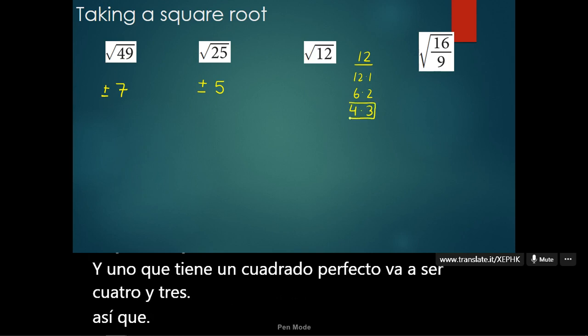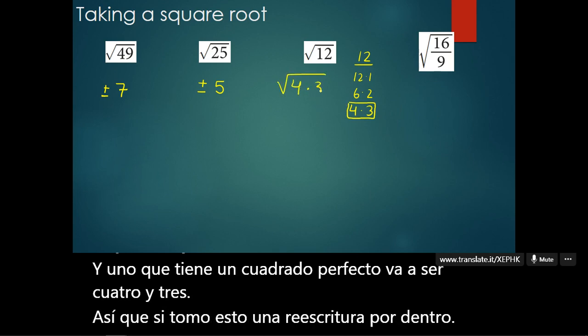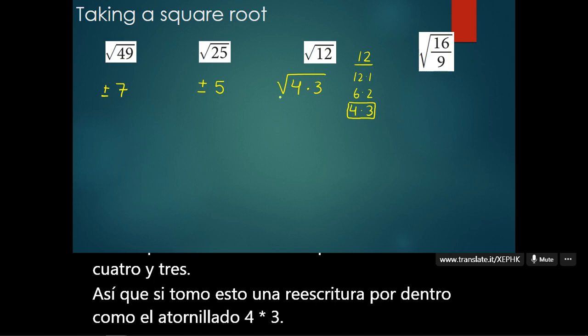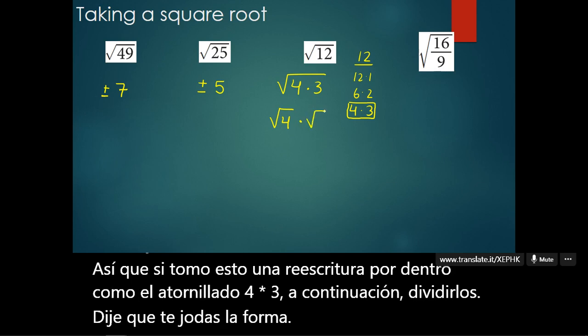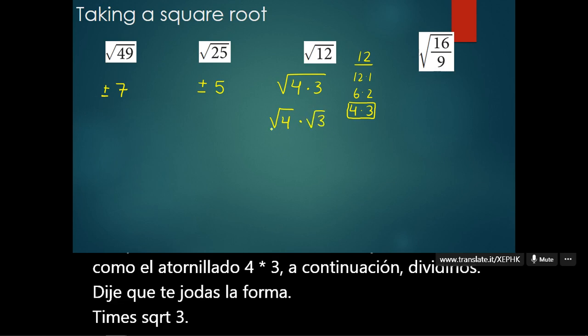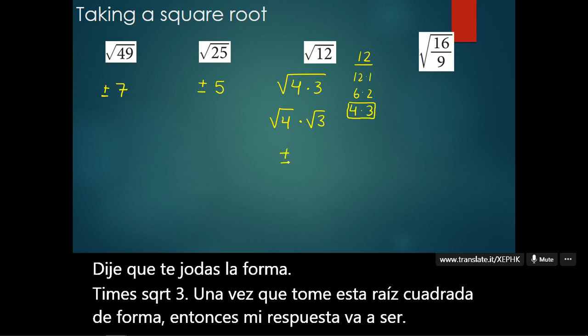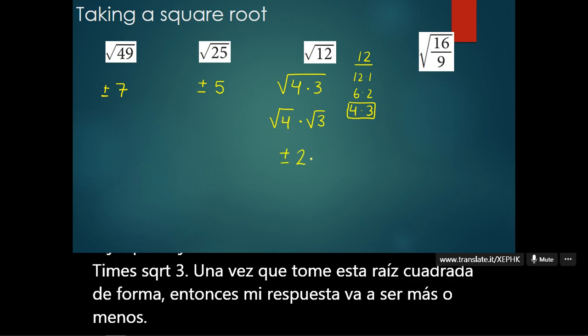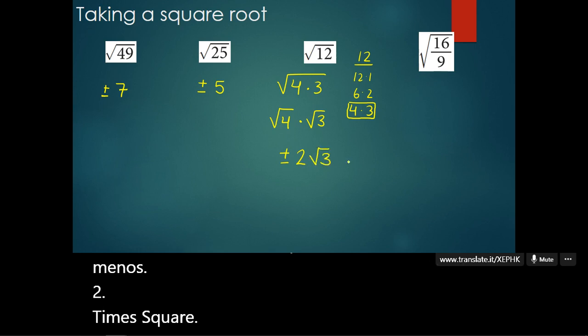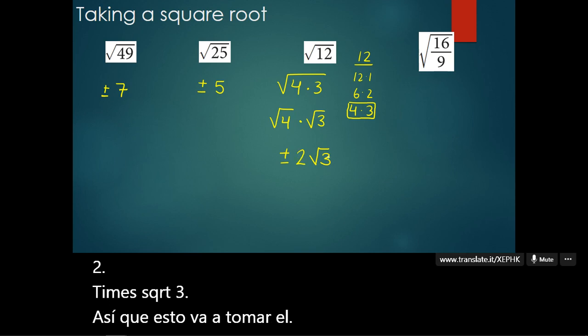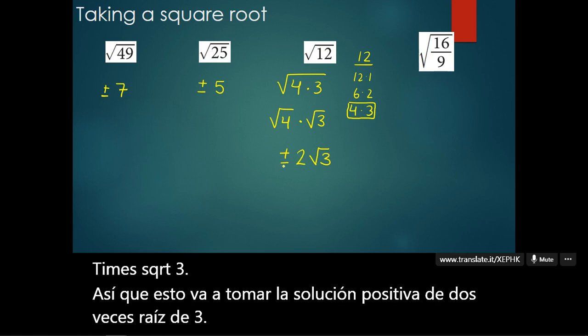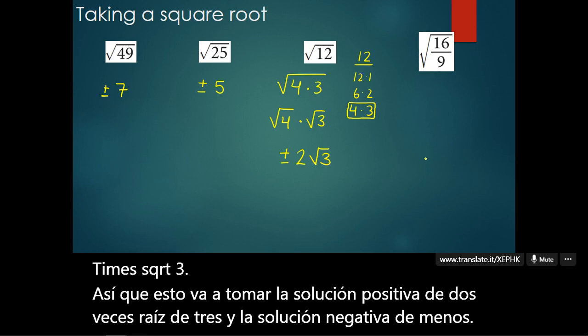So if I take these and rewrite the inside as the square root of 4 times 3, then split them up as the square root of 4 times the square root of 3. Once I take this square root of 4, then my answer is going to be plus or minus 2 times the square root of 3. So this is going to take the positive solution of 2 times root of 3 and the negative solution of minus 2 root of 3.